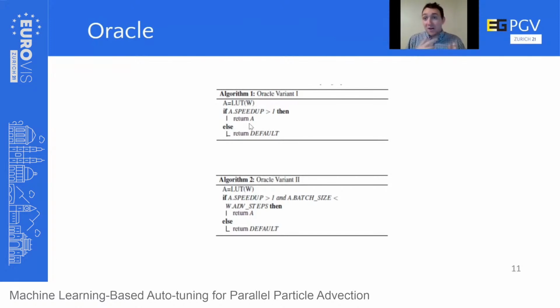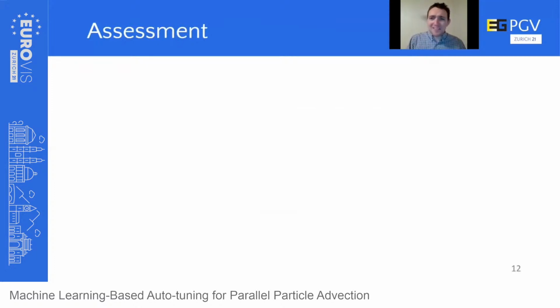If our speed up, given a particular workload with some algorithm characteristics, is predicted to be better than what we had before, we're going to return our proposed algorithm characteristics. Otherwise, we'll stick with the existing defaults. The second oracle is a variation on that, with a little bit more finessing of our criteria for when we wanted to use ours versus the existing default. But that's the motivation underlying the oracle. So we wanted to figure out how can we do some assessment of this technique.